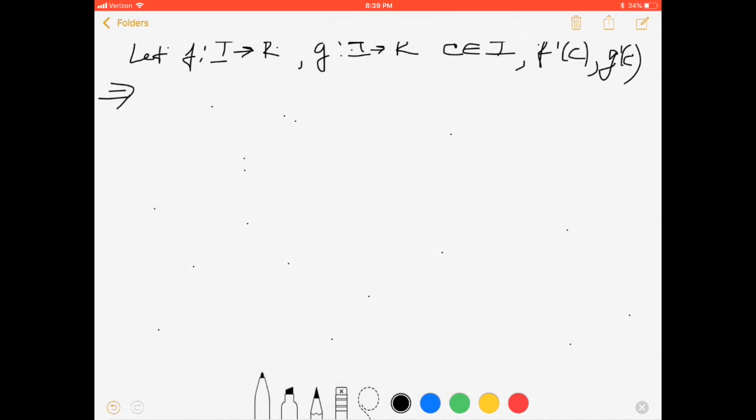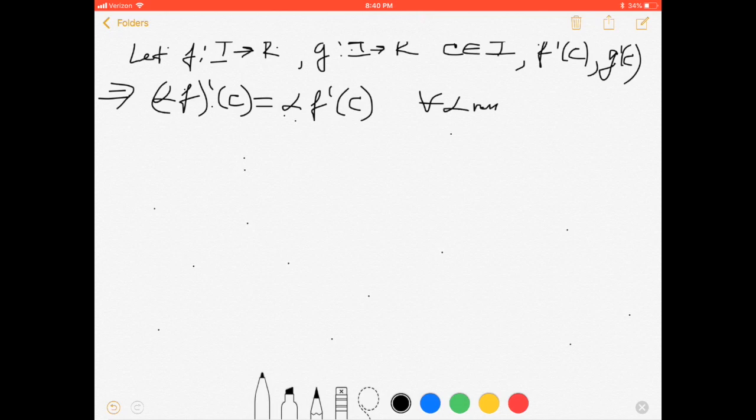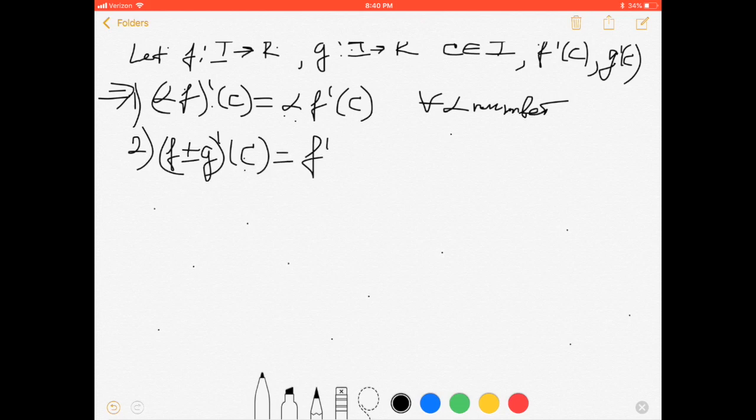Then we have, first, the derivative of alpha f at point c is the same as alpha times f prime of c, for any number alpha. Second, the derivative of f plus or minus g at point c will be f prime of c plus or minus g prime of c.